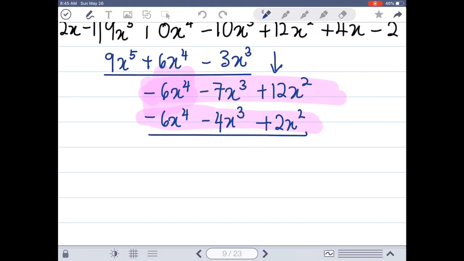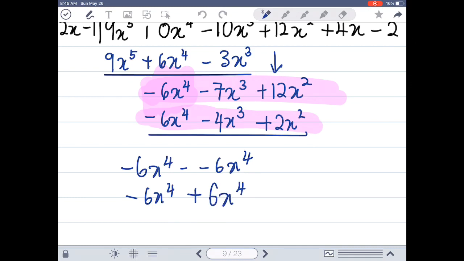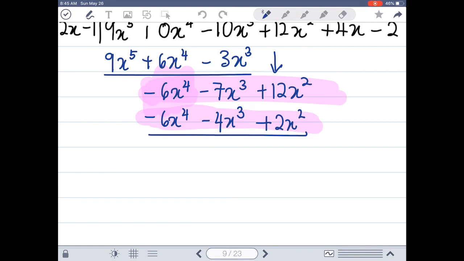Top minus bottom. Negative 6x to the power of 4 minus negative 6x to the power of 4 equals negative 6x to the power of 4 plus 6x to the power of 4, we'll get 0. It's obvious that the first term will always get 0, so you don't have to write down 0.